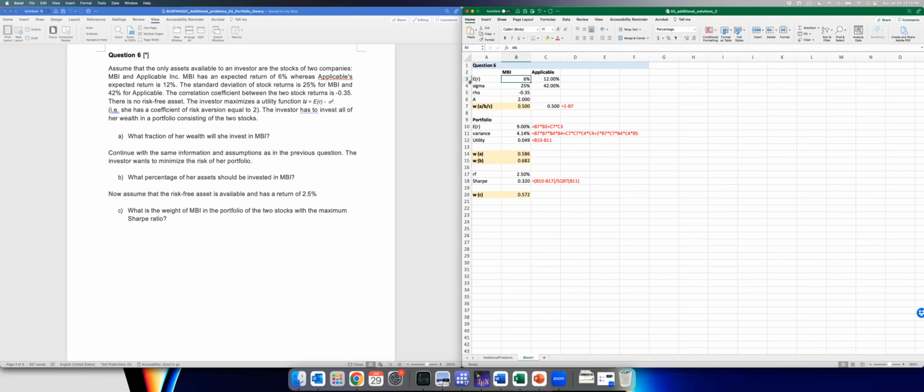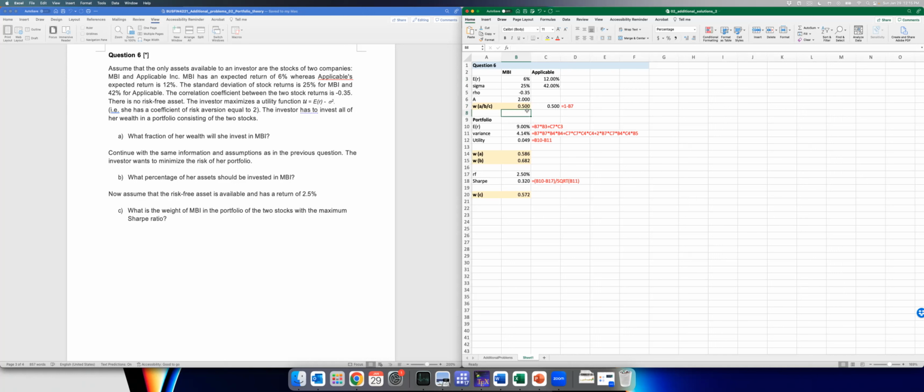First, expected return for NBI is 6%, Applicable 12%. Standard deviation, 25%, 42%. Correlation, minus 0.35. Risk aversion is 2. Let's pretend that we know the portfolio weight. Let's say it's 0.5 for now.